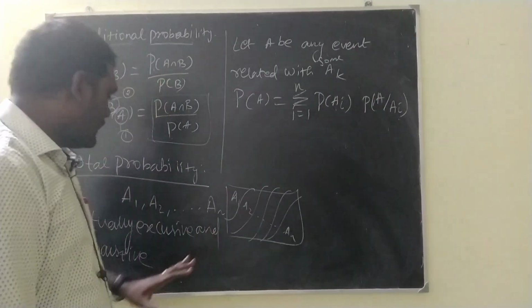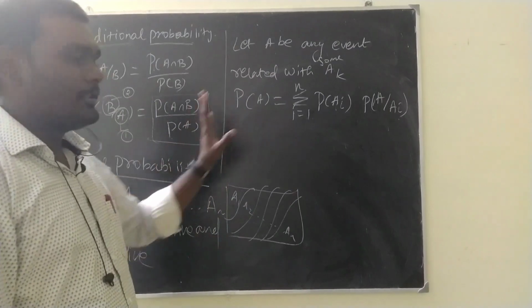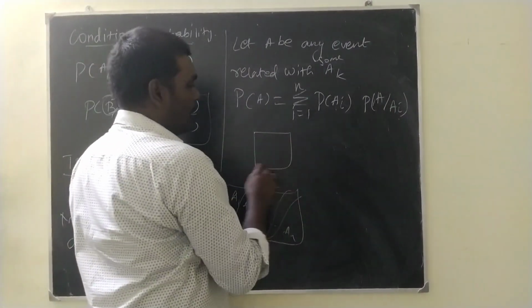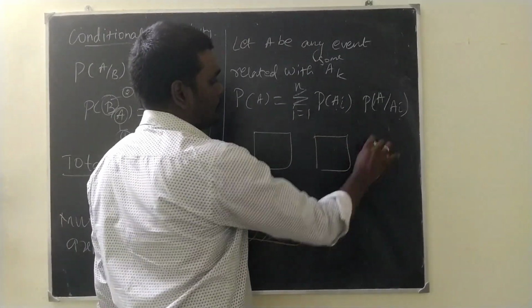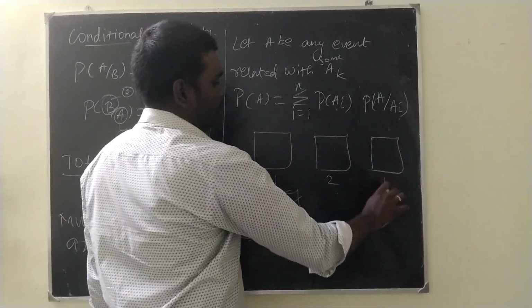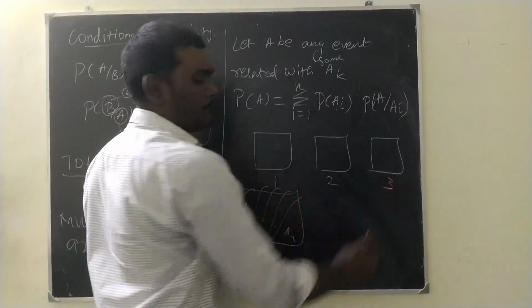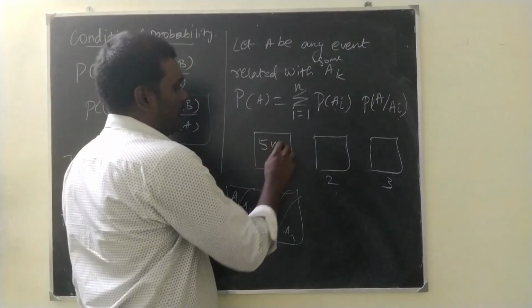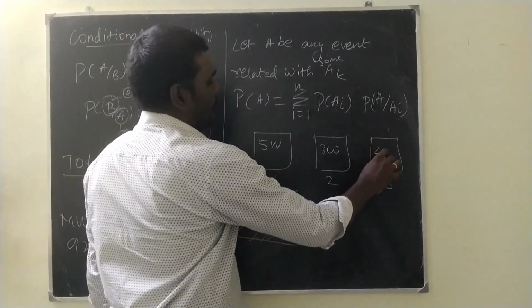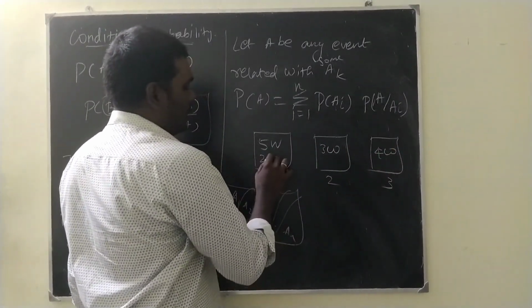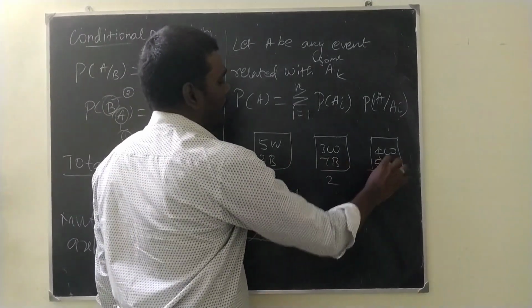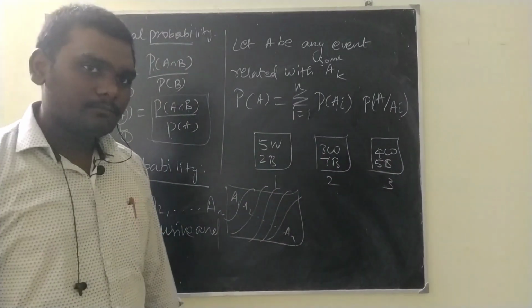Likewise. If you may not understand this, exhaustive, exclusive and all, take this scenario for example. We have 3 boxes: box 1, box 2, box 3. In that, a certain number of white balls, for example 5 white here, 3 white here, 4 white here, and 2 black, 7 black, 5 black, likewise randomly I am choosing.